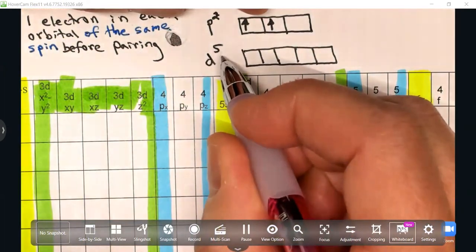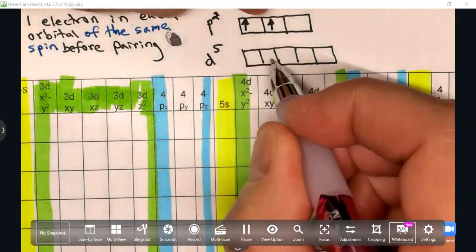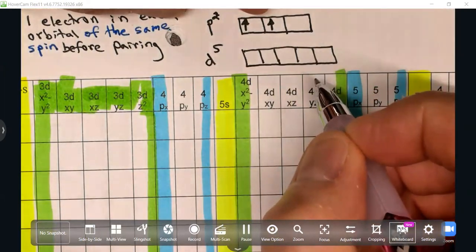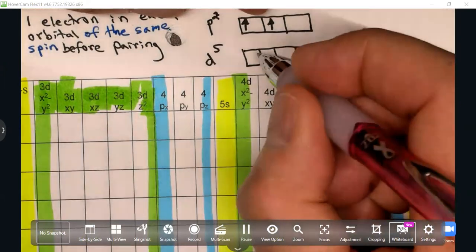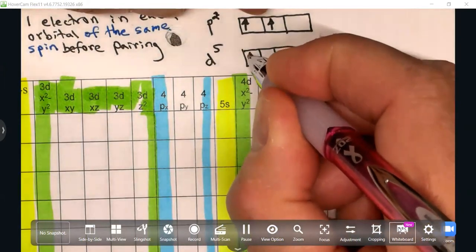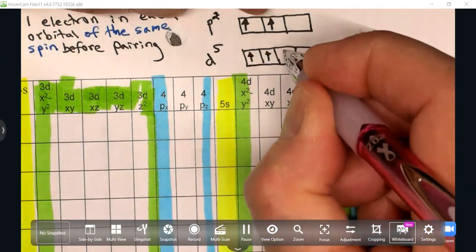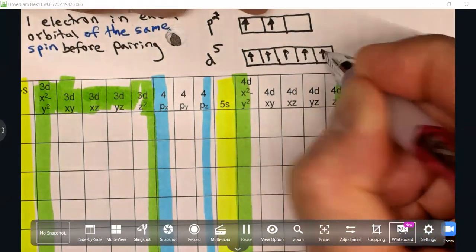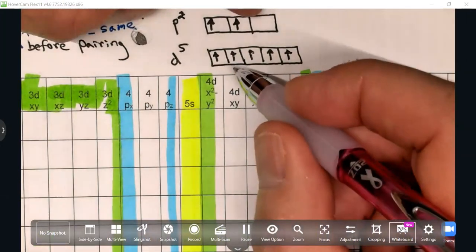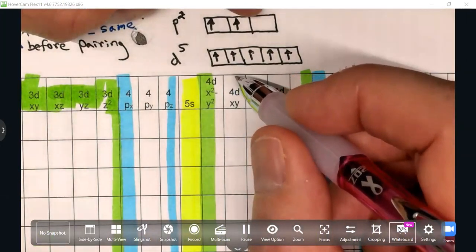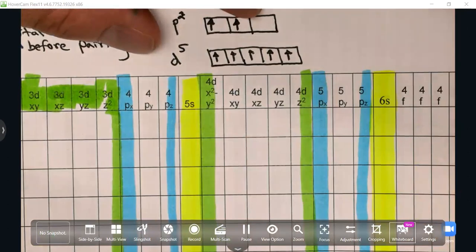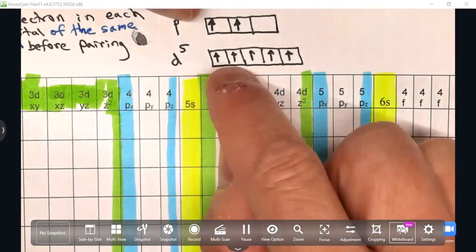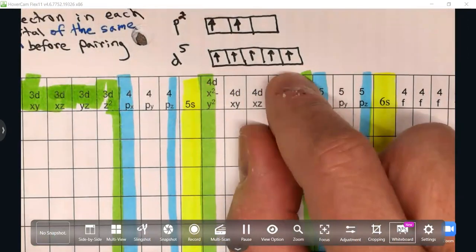If you got 5 electrons to put in here, you're going to have 5 up arrows or 5 down arrows that have to match. One electron in each orbital of the same spin. It has to look like this, where they're all up, or they'd all be down. But they got to be the same, right? So that's what we mean by Hund's rule. You have to put one electron in each orbital of the same spin before they pair up.